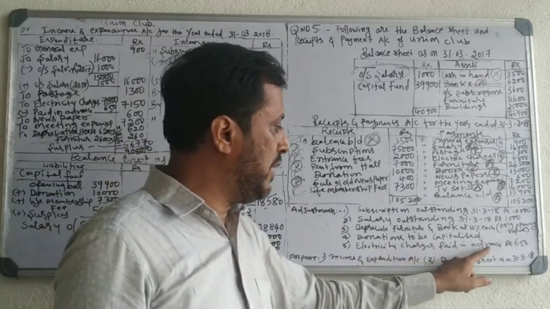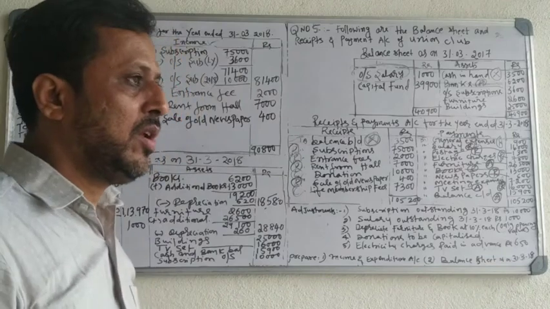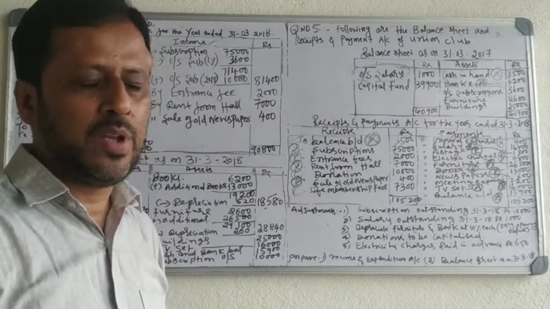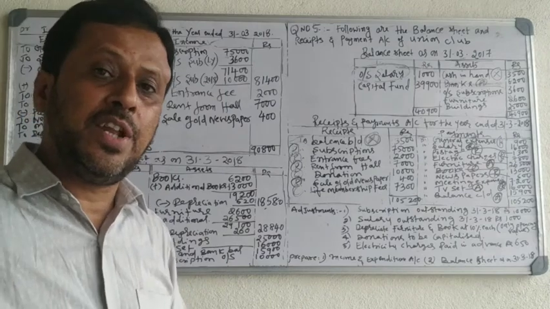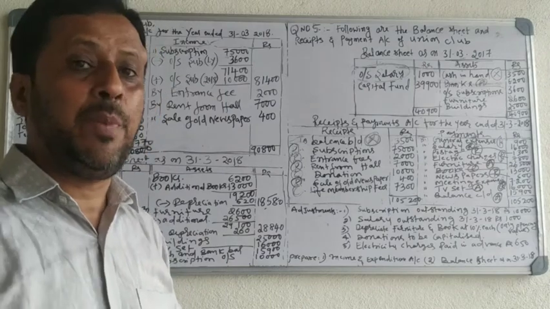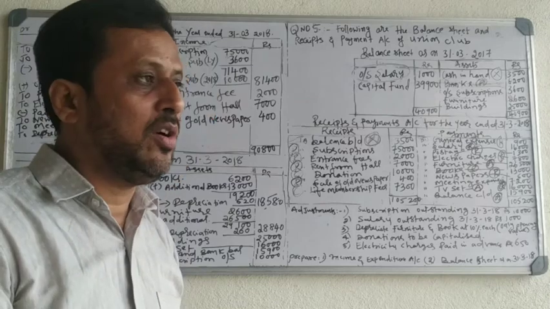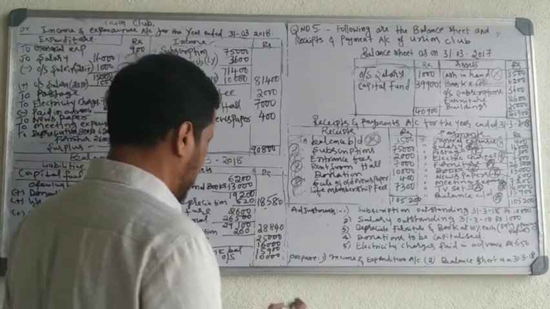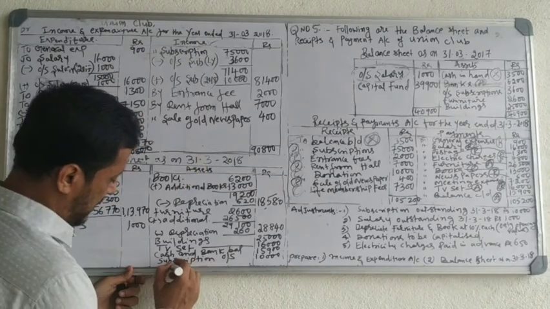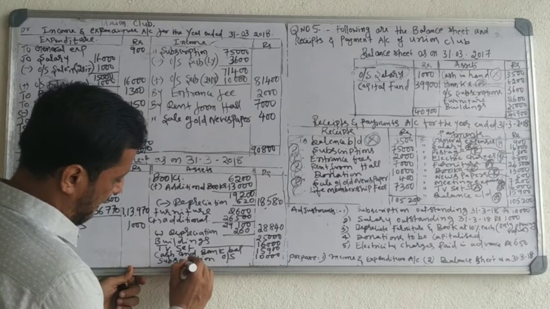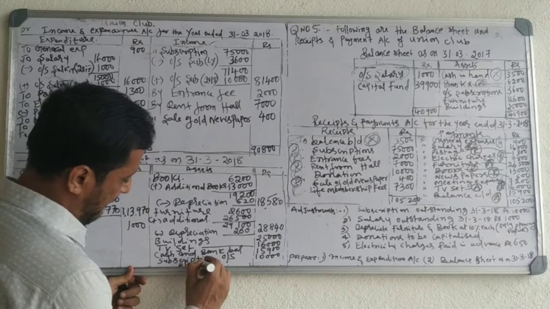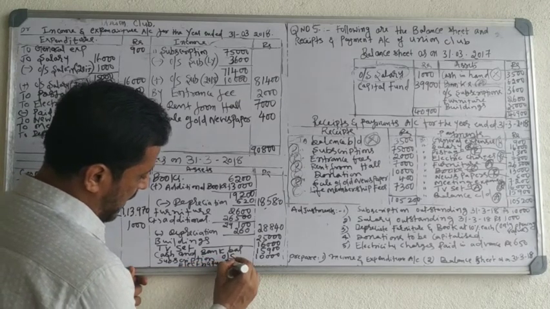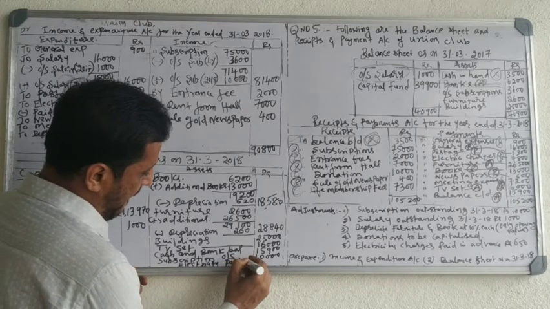Electricity charges paid in advance. This is prepaid. Next year electricity charges paid this year. So it is an asset to organization for this year. Asset side. Paid in advance.